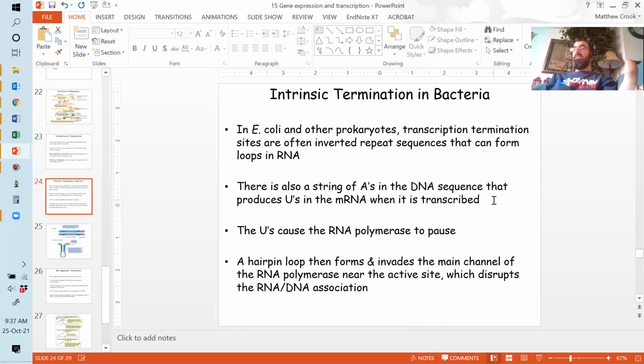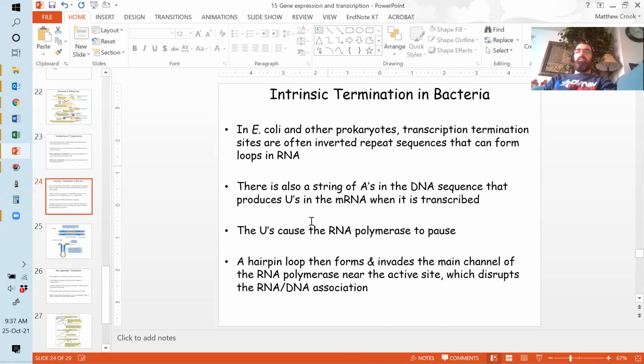And so in bacteria, for intrinsic termination, you have two things going on. One, you have a region that slows the RNA polymerase down, because it's happily chuntering along, like in that video. So you have to slow it down. And the second thing is the formation of what's called a terminator loop.